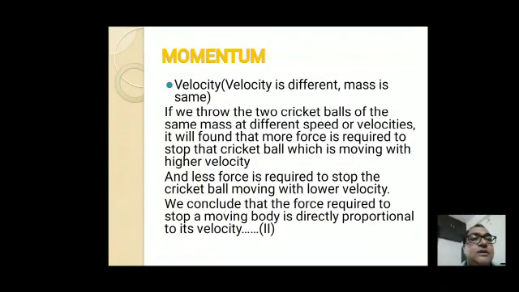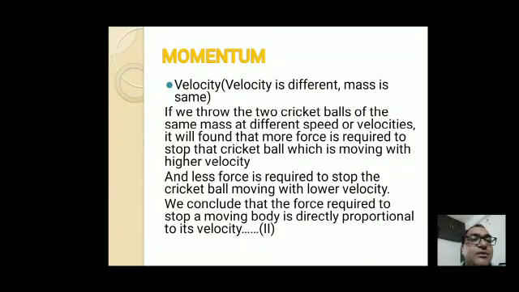If we throw two cricket balls of the same mass at different speeds or velocities, it will be found that more force is required to stop the cricket ball moving with the higher velocity and less force is required to stop the cricket ball moving with the lower velocity, because the mass is the same but the velocity is different. So we conclude that the force required to stop a moving object is directly proportional to its velocity.